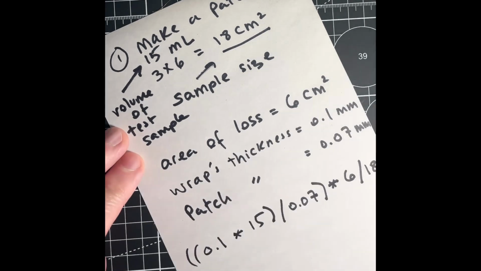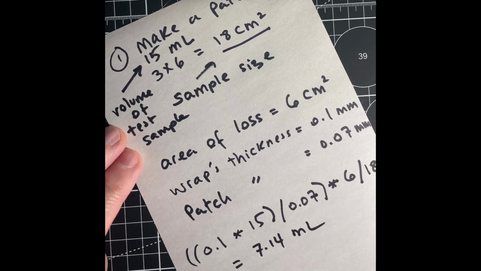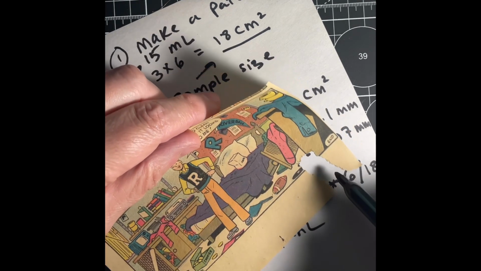So if you do the math, you'll end up with 7.14 milliliters of your slurry needed to go in here.